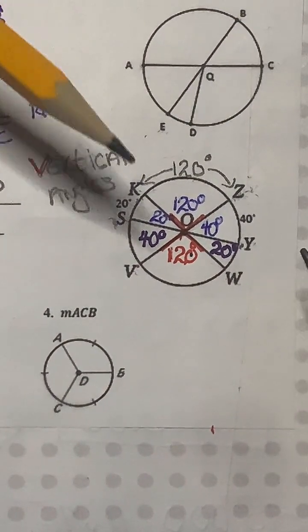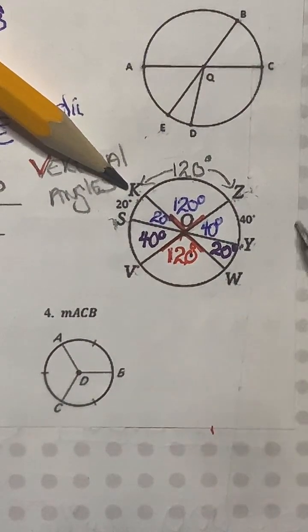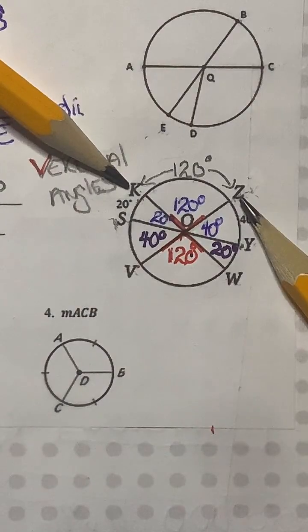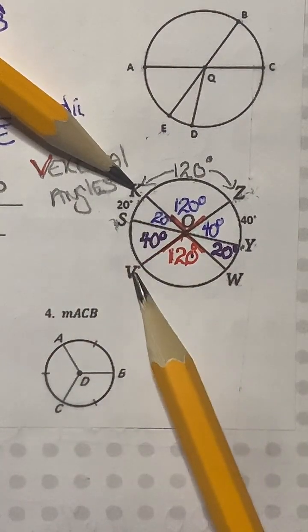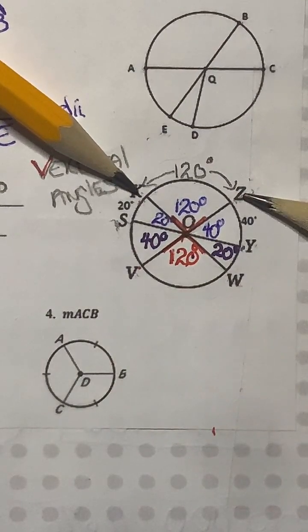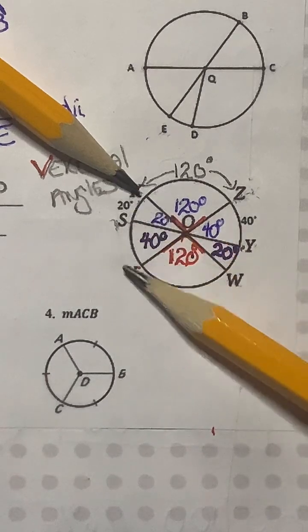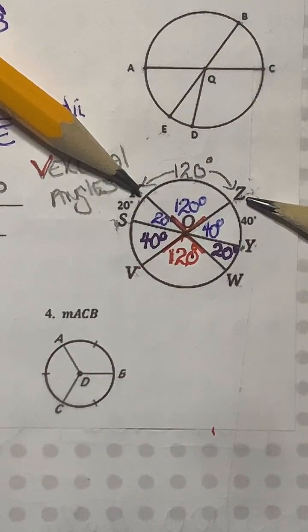Okay, one more. So KVZ. Starting here at K, coming here to V, but ending at Z. So KVZ. What's the angle measure for that?